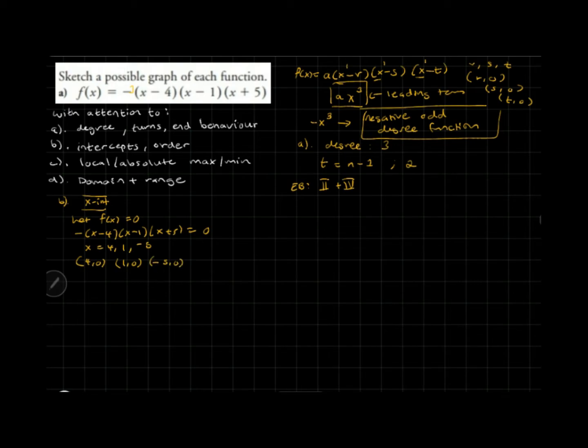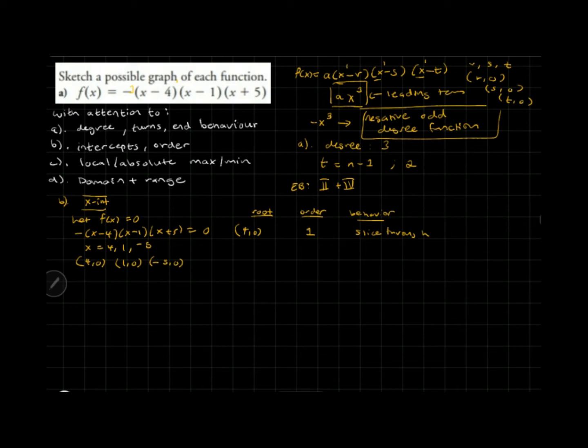Now that we have our x-intercepts, you also need to look at the order of each root, right? I'll look at the root, the order, and the behavior. You can notice that all of these have an order of 1. If you look at the root 4 and 0, the order here is 1, because there's only a power of 1 on the factor, and the behavior will slice through it.